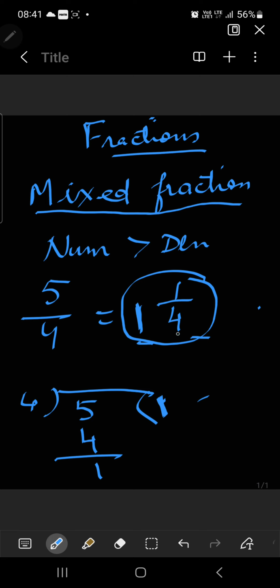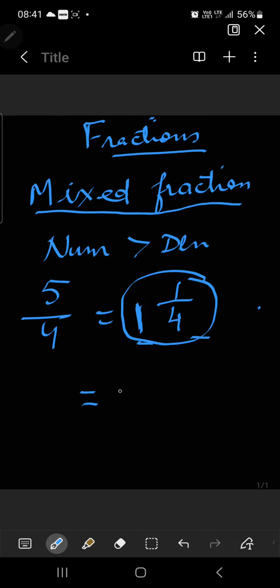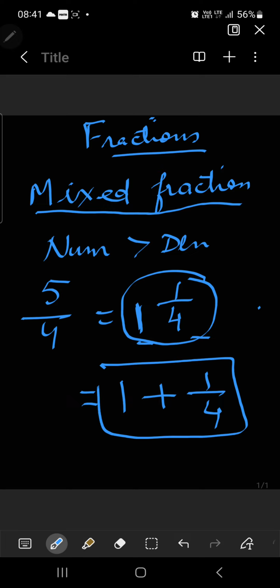Okay. This 1/4 also means that we add 1 with 1/4. You can write this 1/4 in this form also. Or if you are writing a number like this, it will also give you 1 and 1/4.